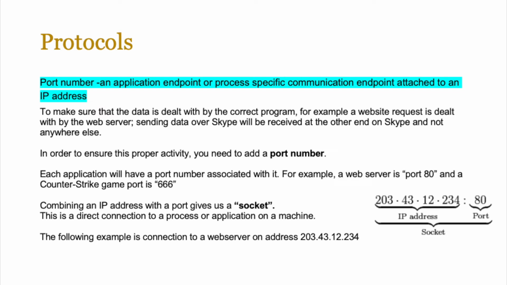Now, each application will have a port number associated with it. For example, a web server is port 80, a Counter-Strike game is port 666, and combining an IP address with a port gives us something called a socket, which allows a direct connection to a process or an activity on a server.